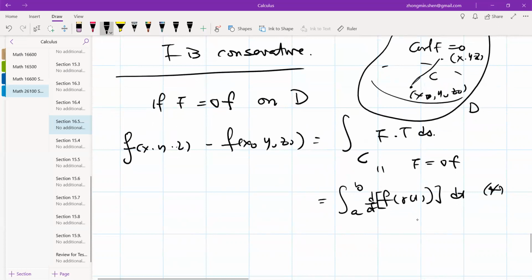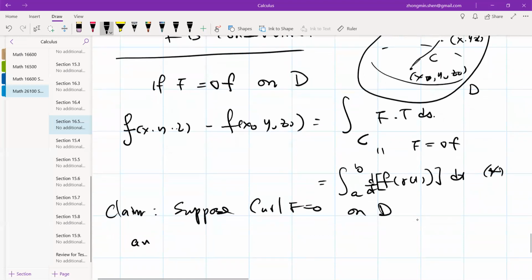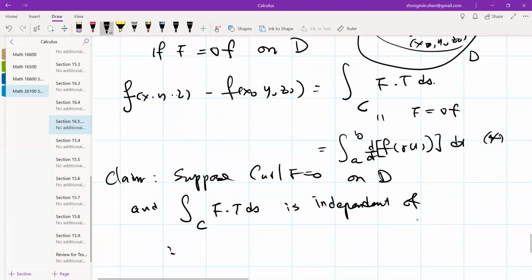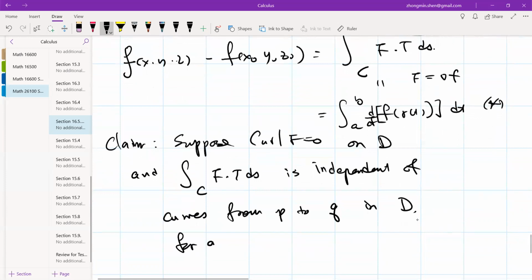Okay, here is what I can claim. Suppose the curl of F is 0 on the domain D, and this line integral of F·dS is independent of curves from P to Q in D, for any pair of points. Then the question is, how do you verify this?